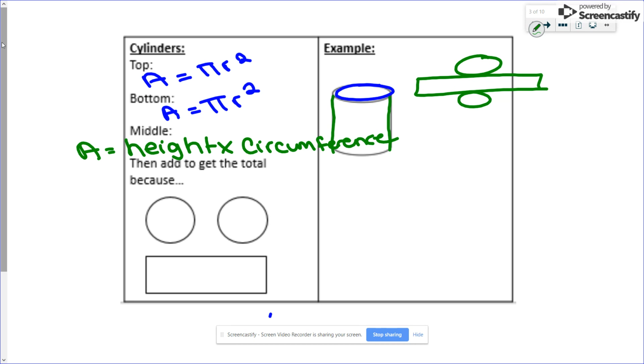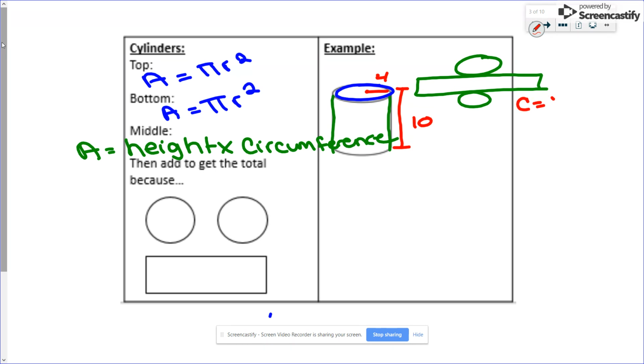So if I gave you the measurement, my radius is 4 and my height is going to be 10. We're not going to worry about units right now. We're just going to worry about finding our surface area. The first thing we have to do is find our circumference.